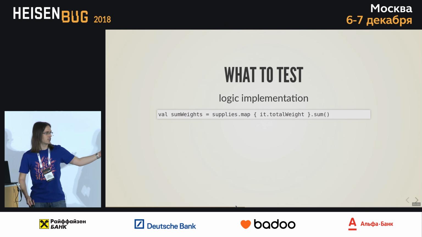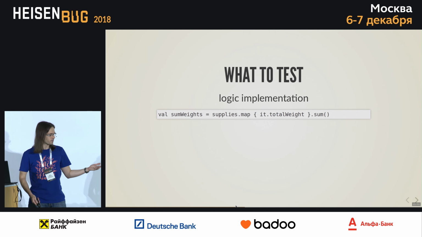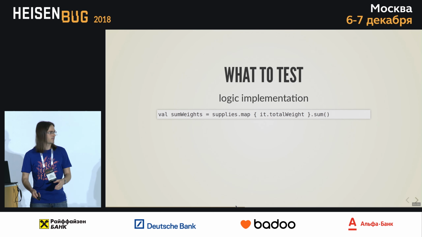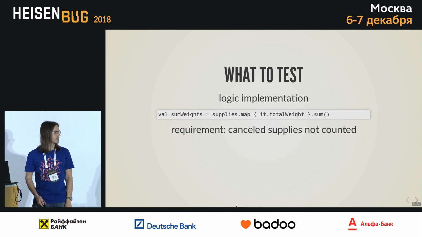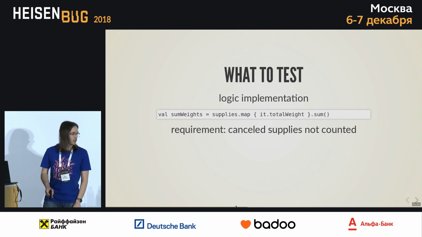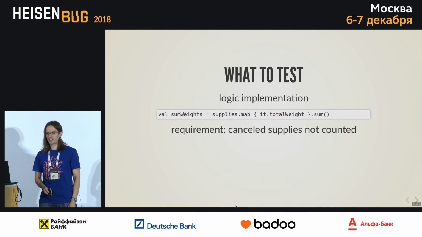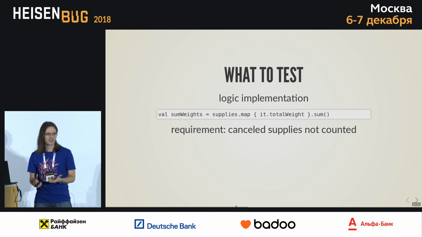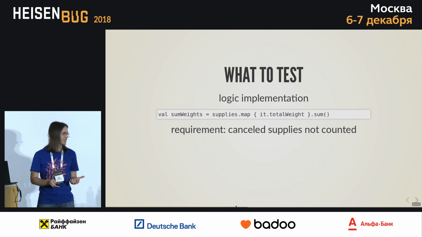And this is the resulting implementation, a simplified fragment of it. And okay, this implementation passes our tests, but the problem is that the original requirement was that cancelled supplies are not counted. So what went wrong? How could it be? Any ideas? What was our mistake?